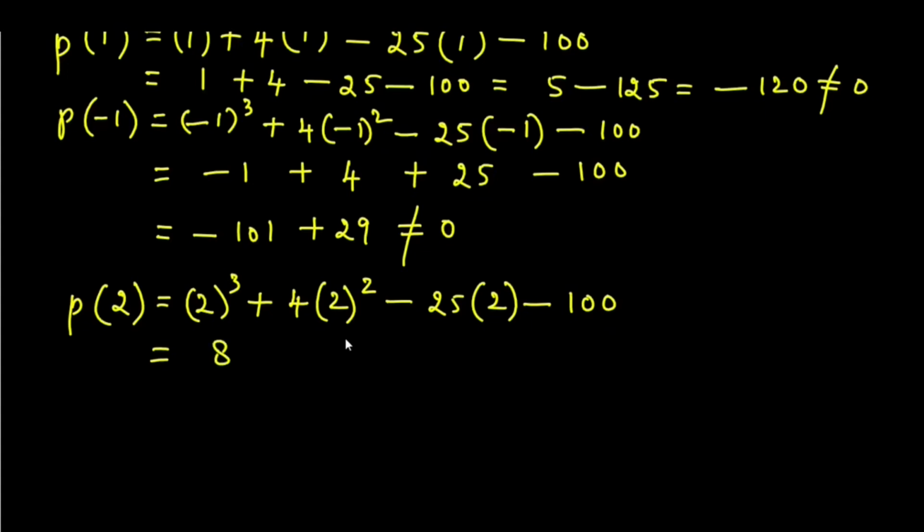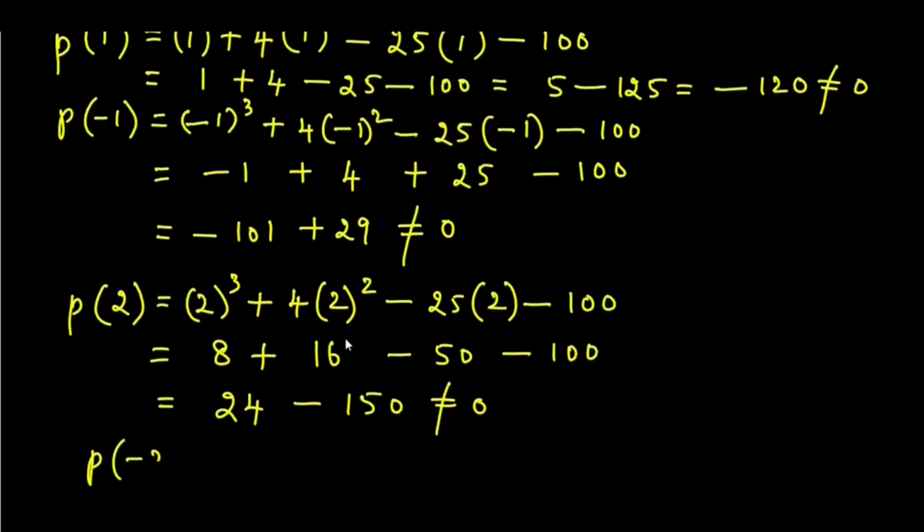This is equal to 8 plus 16 minus 50 minus 100. So this is 24 minus 150. This is not equal to 0.